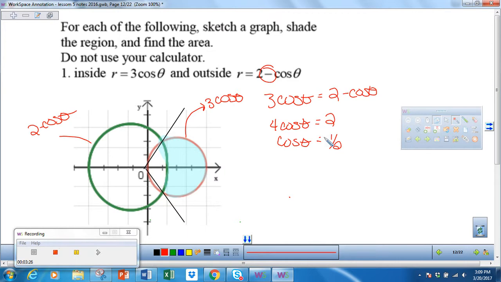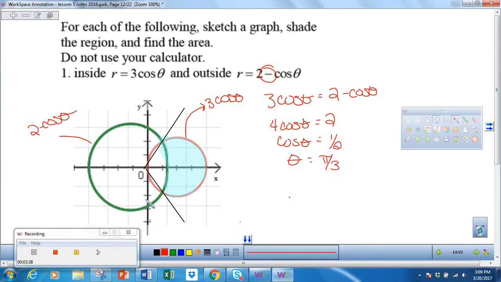Using my pre-calc skills, I know that theta then is equal to pi over 3. It's also equal to what? Cosine is positive down here, so it's 5 pi over 3, 7 pi over 3, 11 pi over 3.